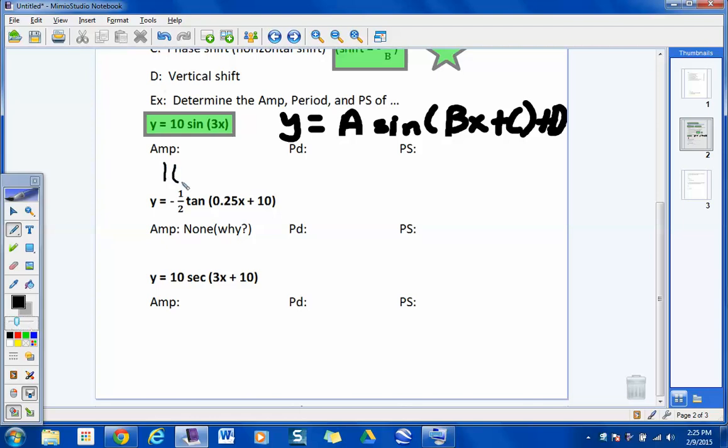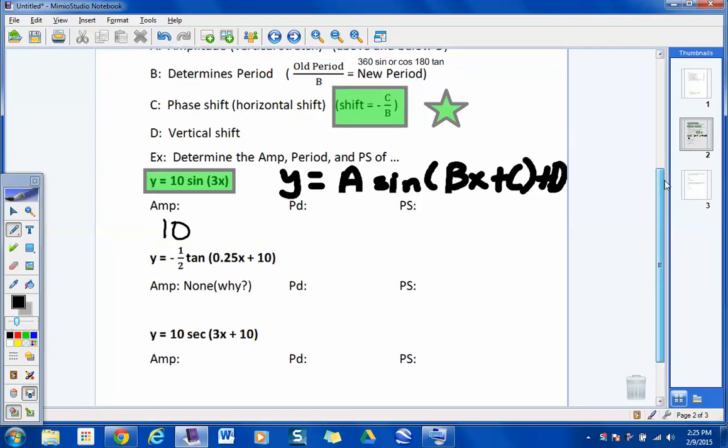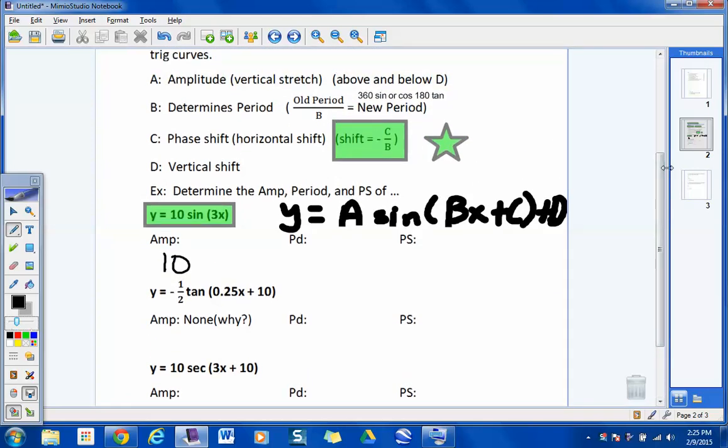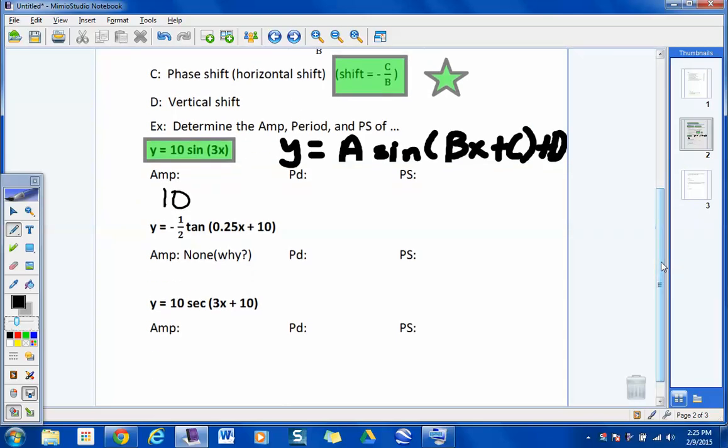Right? Then the period. Let's see, what kind of a function am I dealing with, guys? Sine function. Up here I said the old period for any sine function is always, how many degrees right here? 360. So I'm going to take 360 and divide that by the B value. So this is really going to be 360 degrees divided by, what is the B value in this function? 3, right? So 360 divided by 3, which is what? 120.